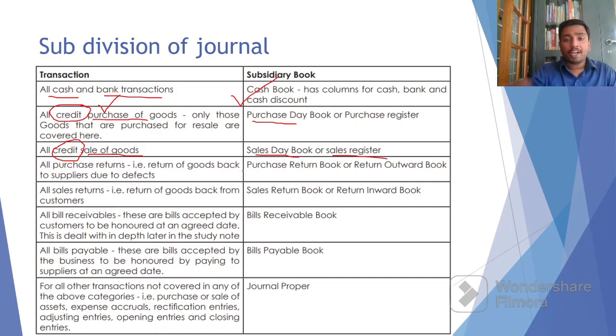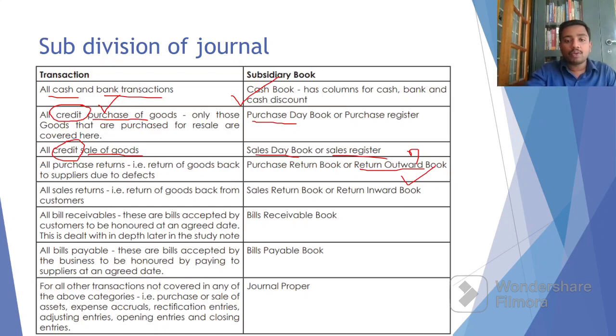Next, whatever we have purchased, we may identify that some of it is defective, or it may not look similar to what was given as a sample. Then we will return those goods. That is known as purchases return or return outwards. Why do we call it outwards? Because purchases result in an inward movement, and if we are returning the goods, they are moving out.